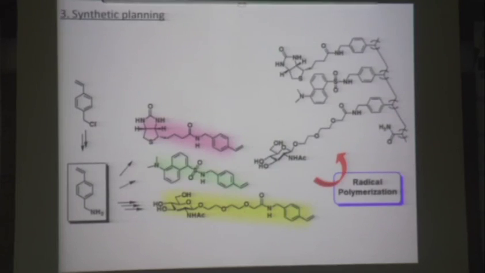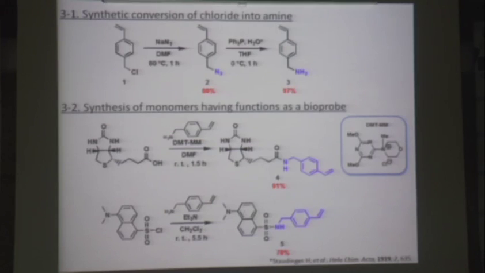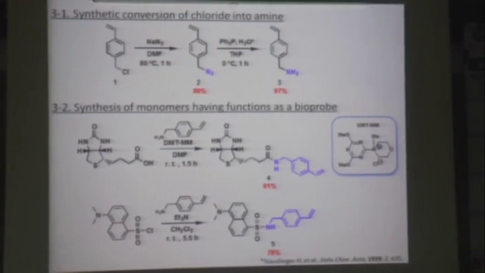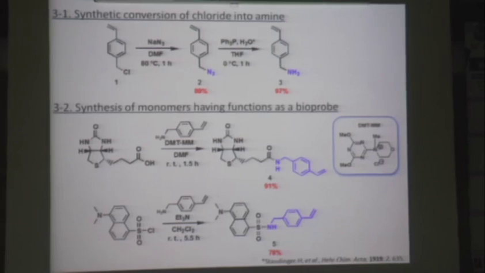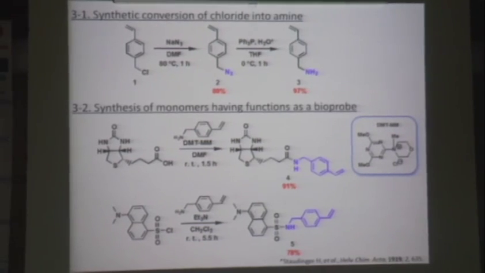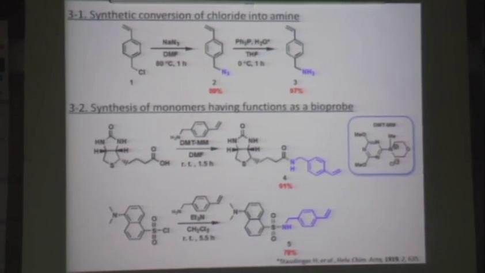This slide shows the synthetic plan of my research. Functionalized monomers are polymerized to give us the corresponding glycopolymers. From the next slide, I will tell you the synthetic pathways. We use 4-chloromethylstyrene as a starting material for an amide compound 2, converted into the amine derivative 3 by a Staudinger reaction.